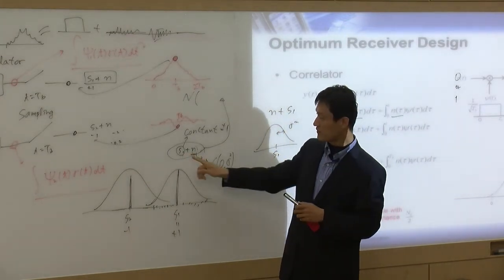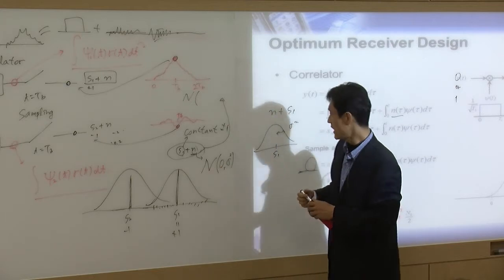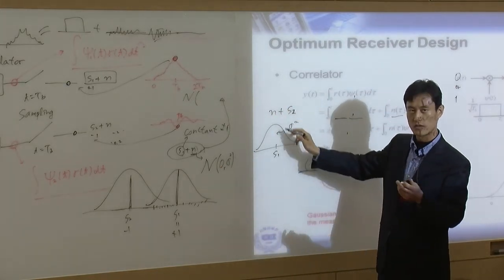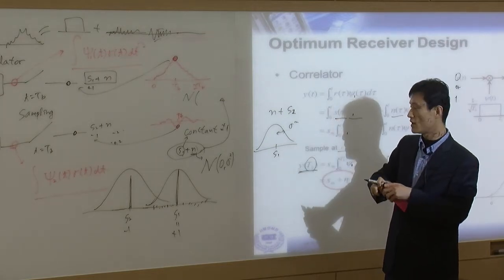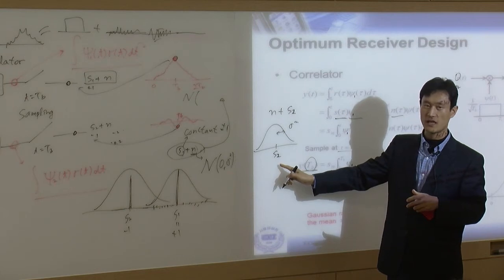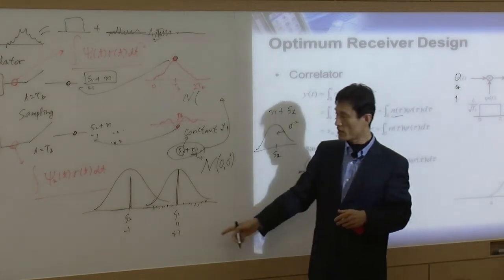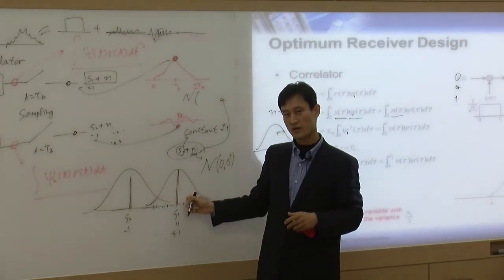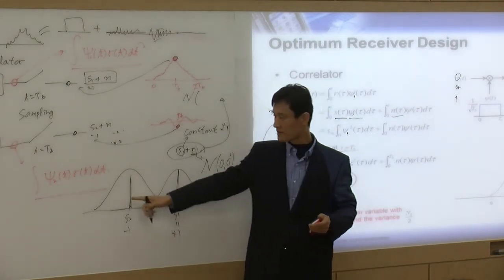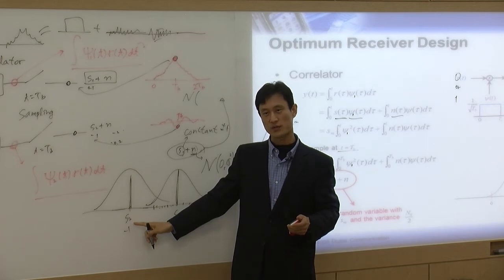You can do the same thing for S2. In that case, the zero mean Gaussian noise distribution will be shifted to here, so now the mean is at S2. That's why we have these two Gaussian distributions. One has the mean of S1, and the second one has the mean of S2.